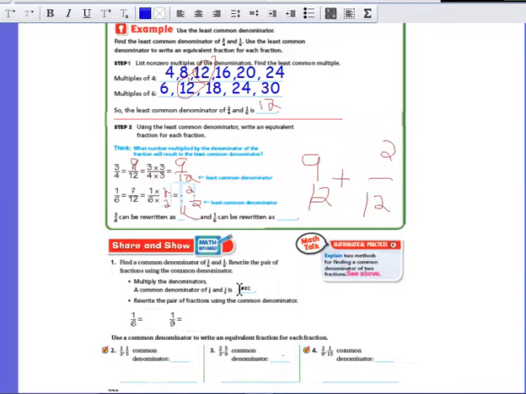And the common multiple for 6 and 9 is 18.